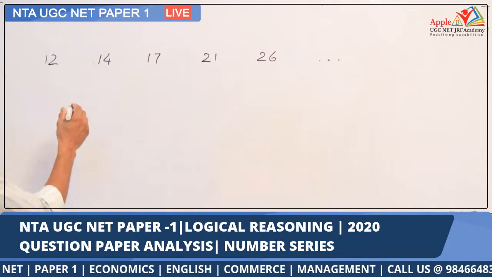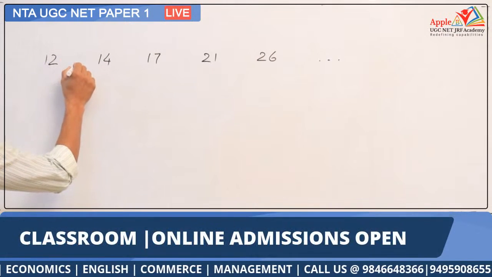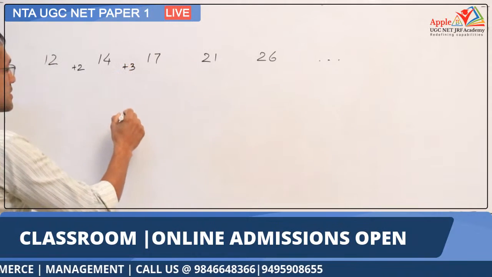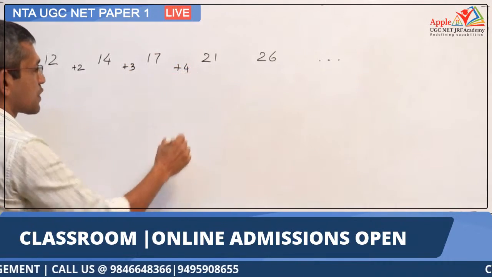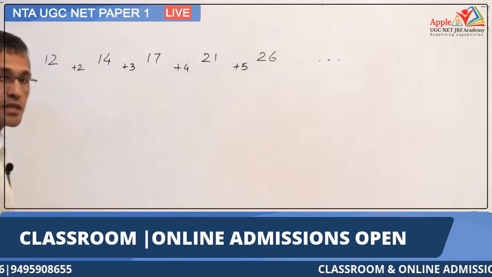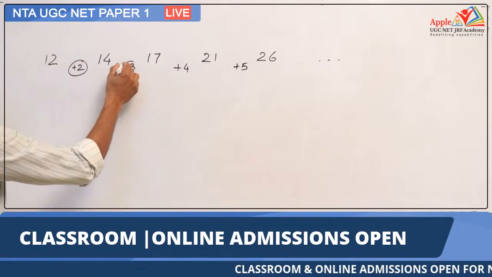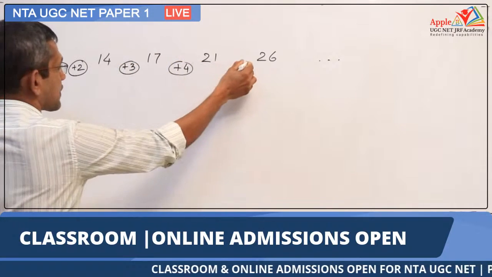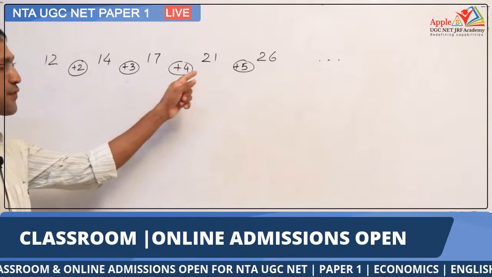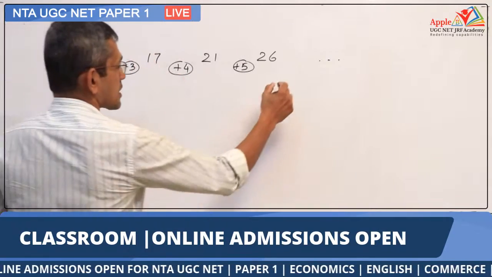It's pretty simple. 12 plus 2 is 14. 14 plus 3 is 17. 17 plus 4 is 21. 21 plus 5 is 26. So ultimately, these differences are 2, 3, 4, and 5. These are counting numbers or natural numbers. Next number would be 6.